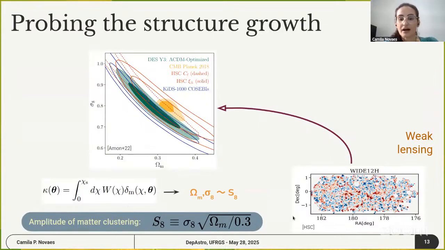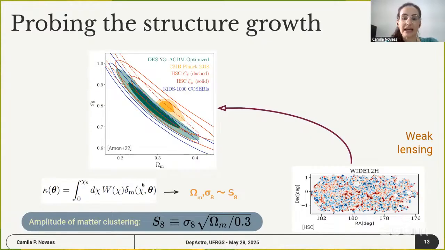But why is it interesting, and what can we learn from this convergence map? For example, we can perform analysis and estimate omega m, which is your matter density, and your sigma 8, or a combination of them called S8, which basically gives you the amplitude of the clustering of the matter. You can see from this equation that the convergence is directly related to the density of the matter.